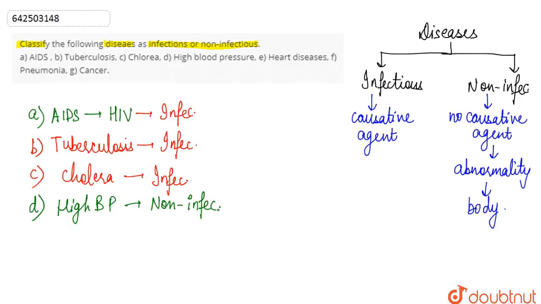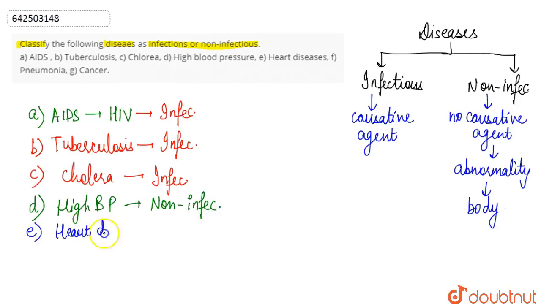An infectious causative agent transfers from the infected person to the healthy person and causes the disease in the healthy person. Here there is no causative agent that will cause infection to another person, so it is non-infectious.